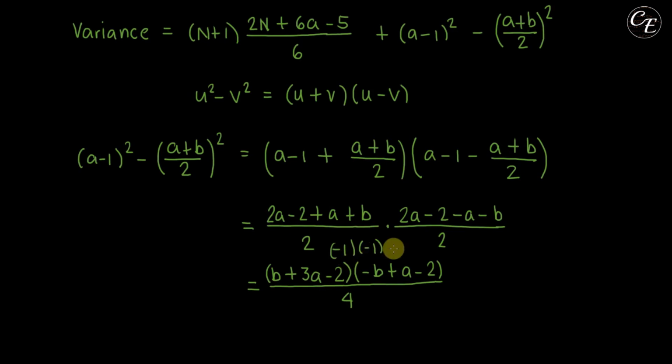Negative 1 times negative 1 is 1, so they will not change the value of this, so it will be equal to negative b minus 3a plus 2, then we have in here b minus a plus 2, and then over 4.